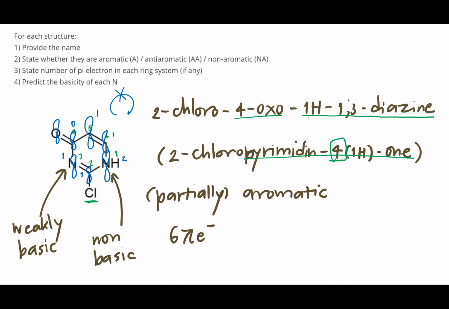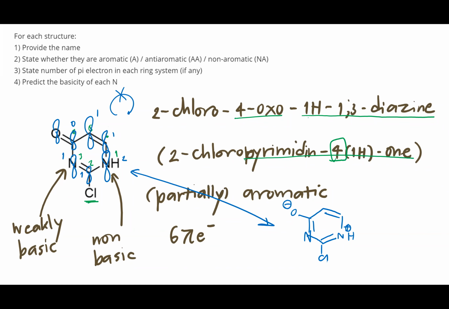So the way it is partially aromatic is that it has a resonance structure. By drawing the resonance structure, they are still the same molecule, but the real molecule is the combination of the two.